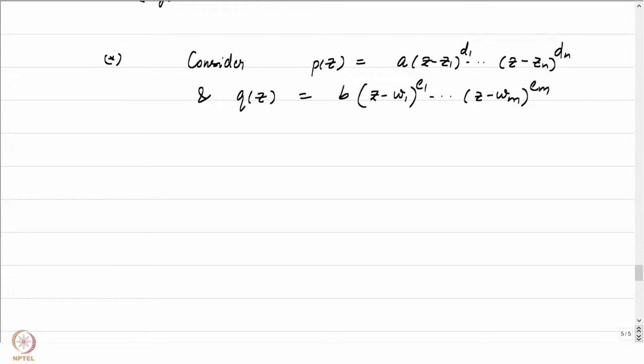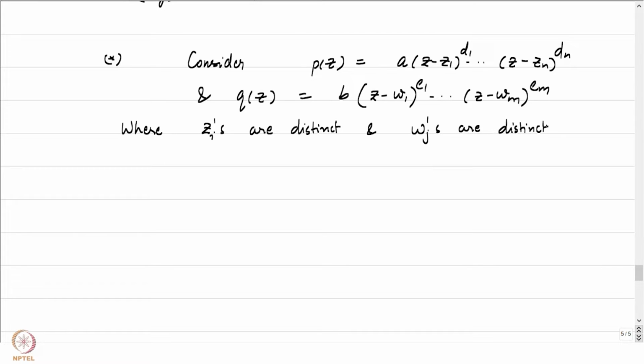Suppose we have two such polynomials where zi's are distinct in the sense that zi is not equal to zj for i not equal to j, and similarly wj's are distinct.